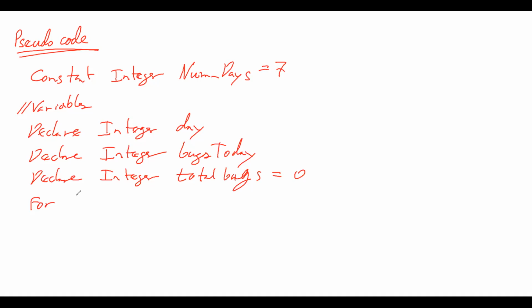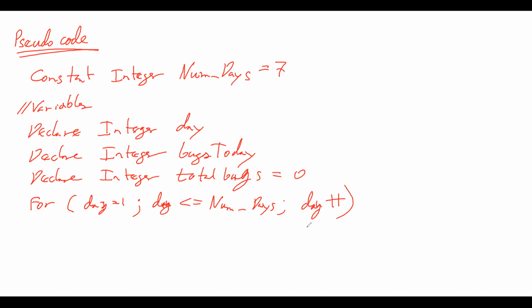If you were doing this in C, you would write this as for day equal 1, semicolon, where day less than or equal to num days, semicolon, day plus plus. You do something like that, right?